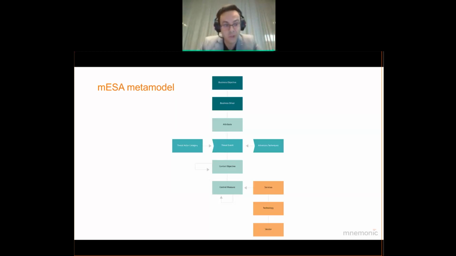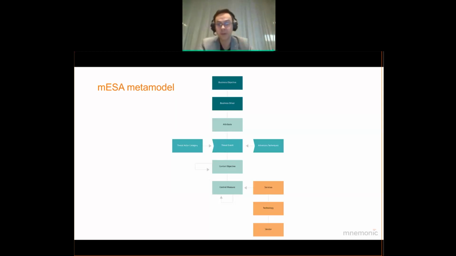Doing this is where we can defend that we are making a risk-based approach, that we're making risk-based decisions. We are not going to take all the control objectives that I could take in all the standards. We will just focus on those that actually affect the threat events that we are more interested in.